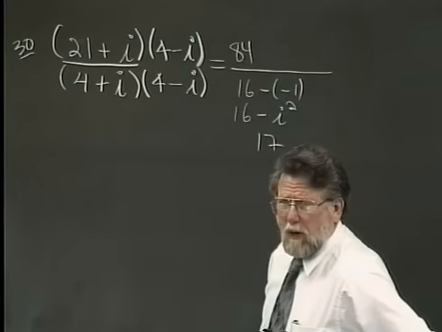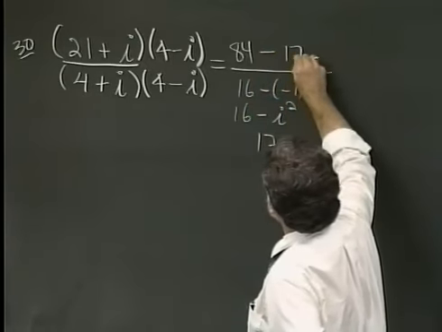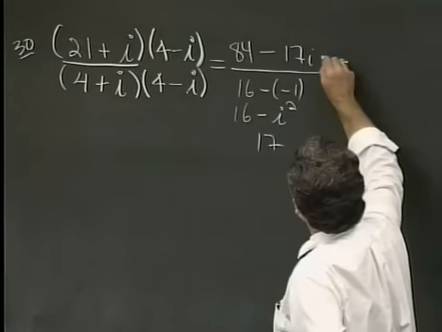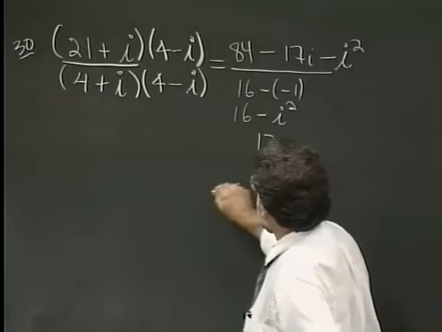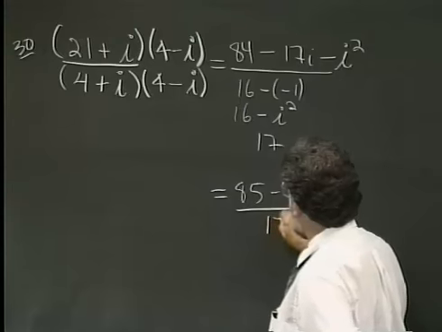Then I have the 4i minus 21i. We did this yesterday, and we got negative 17i. And then we had minus I squared. But the I squared was negative 1, so this became 85 minus 17i over the 17.